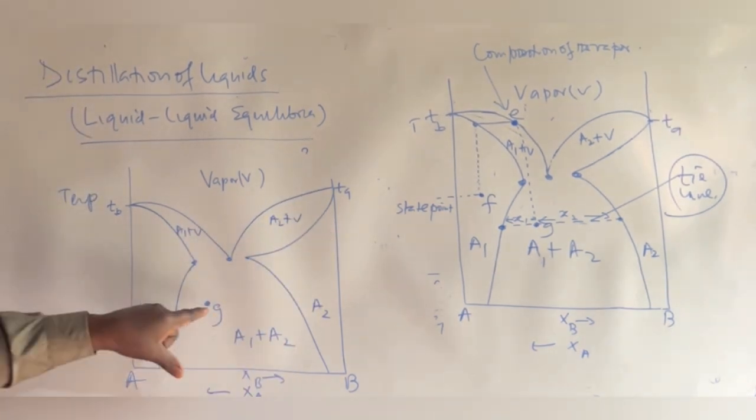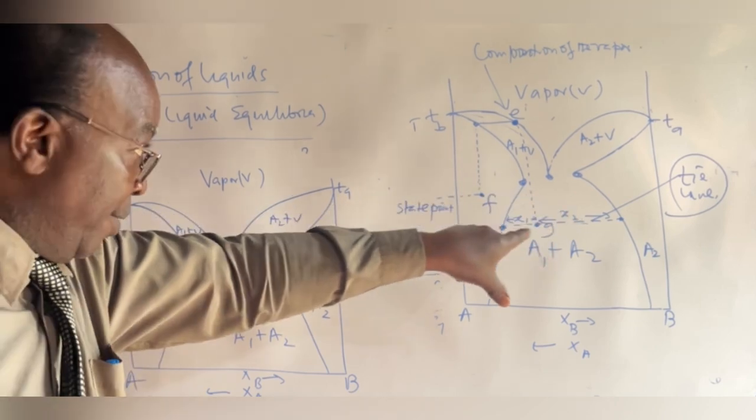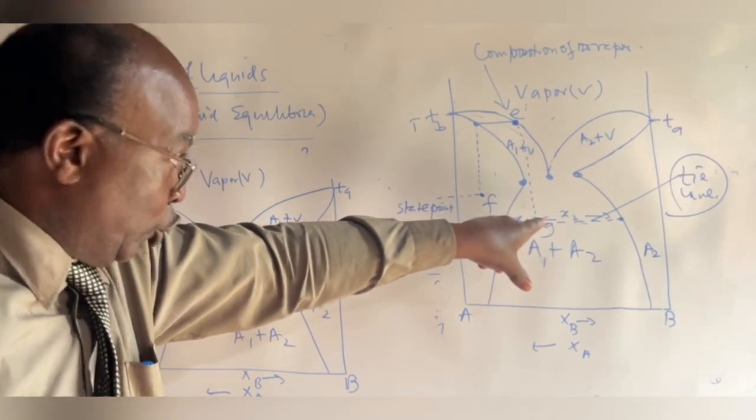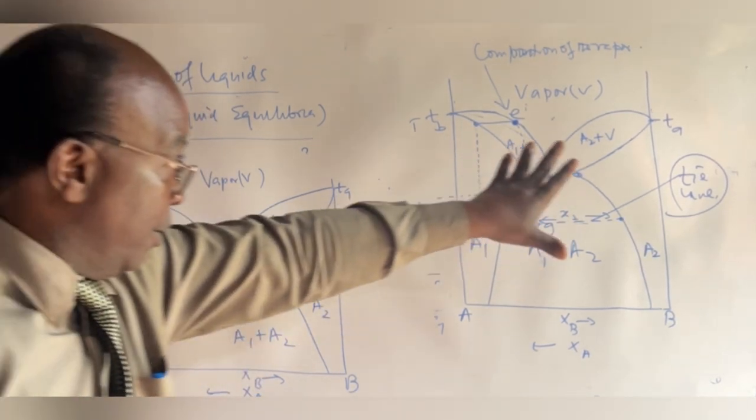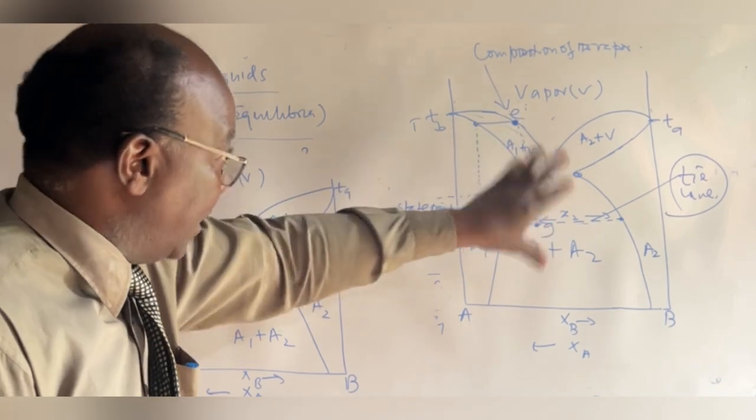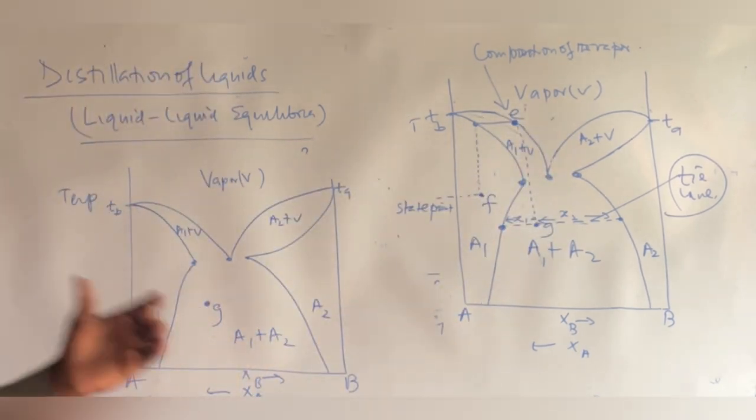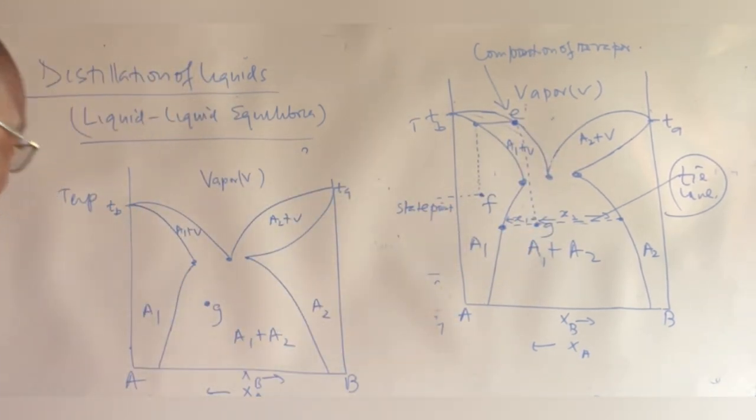Now, when we increase the temperature of this mixture at state point G, which we have just redrawn here so that you don't have so many writings there, we know the amounts can be got from the lever rule and so forth.